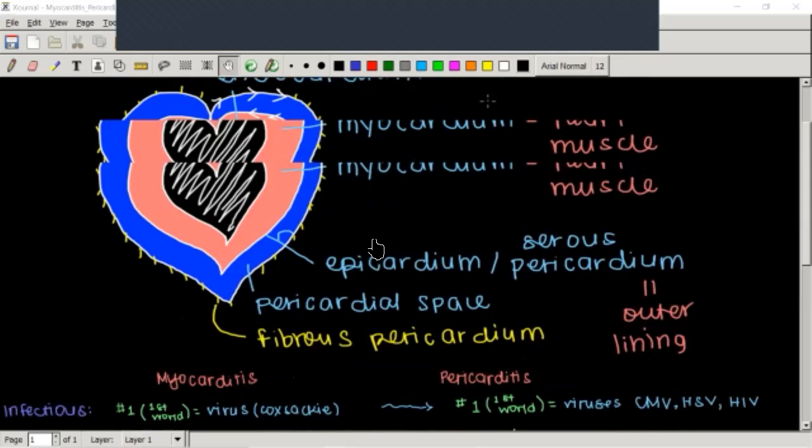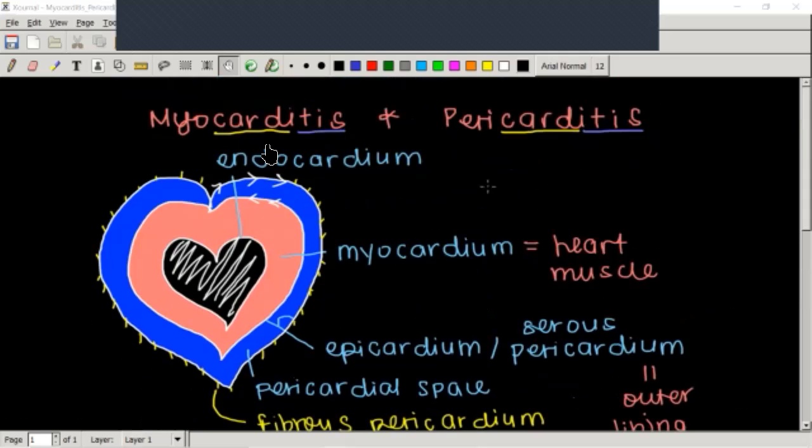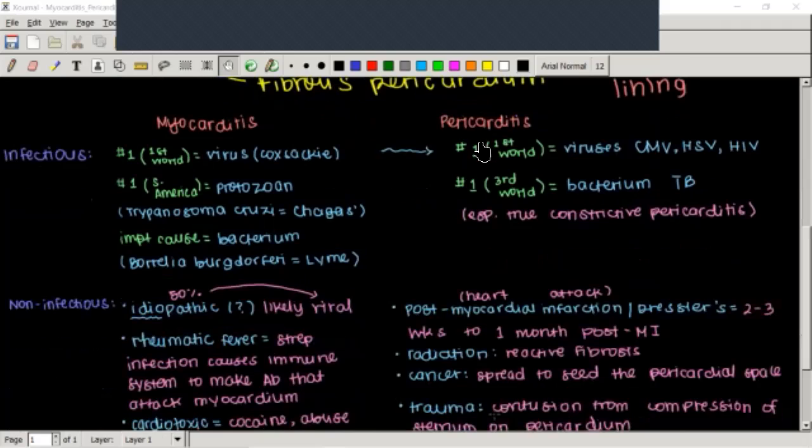And so we'll talk about a few causes of myocarditis and pericarditis. So we have infectious and non-infectious.